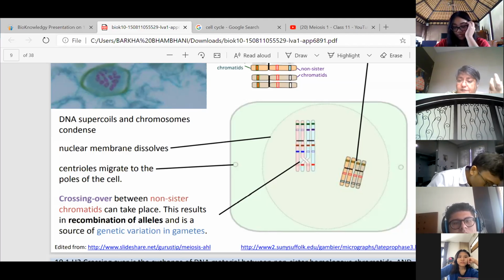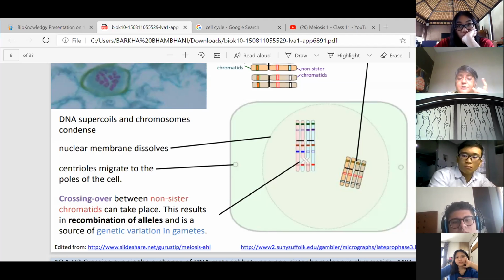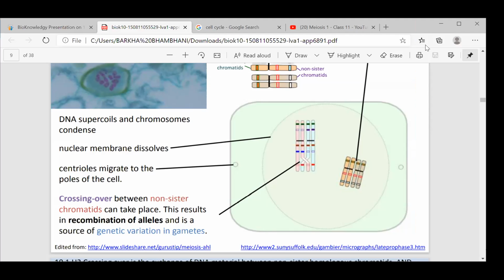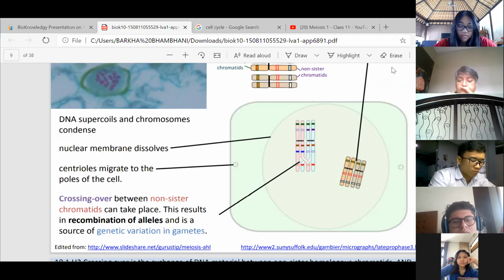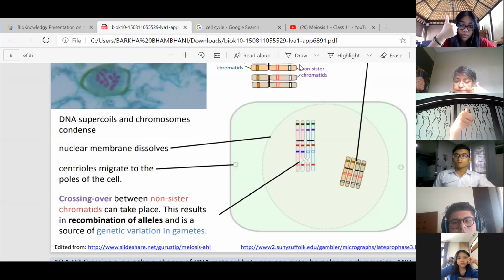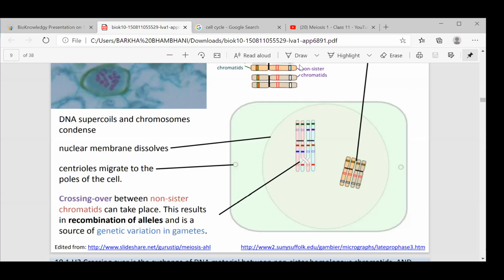So a plant can have rough leaves but purple flowers, but the parent would be different, having white flowers. So variation could be seen between them because of this crossing over. Are you guys with me? Thumbs up if you're with me. Okay.